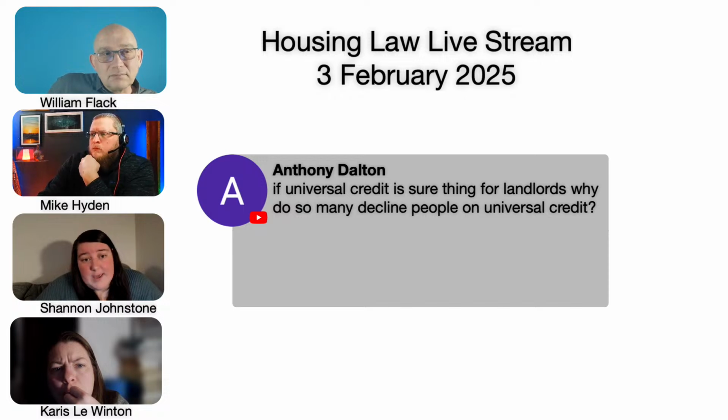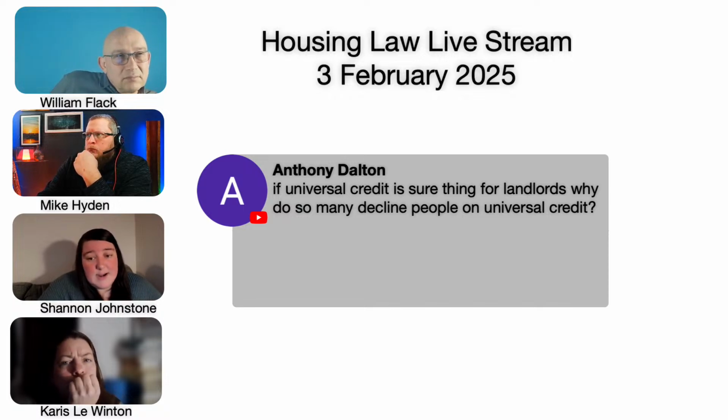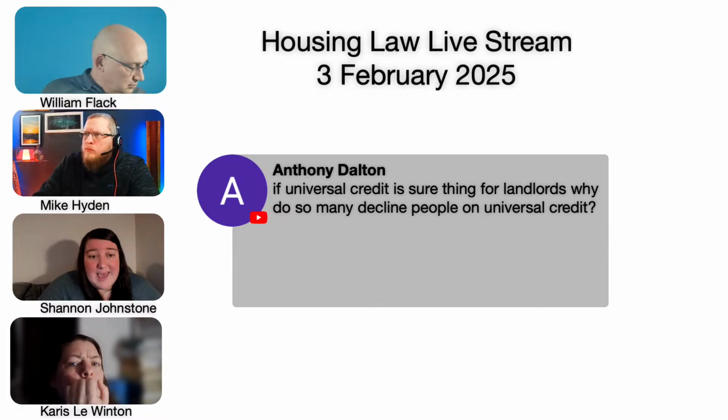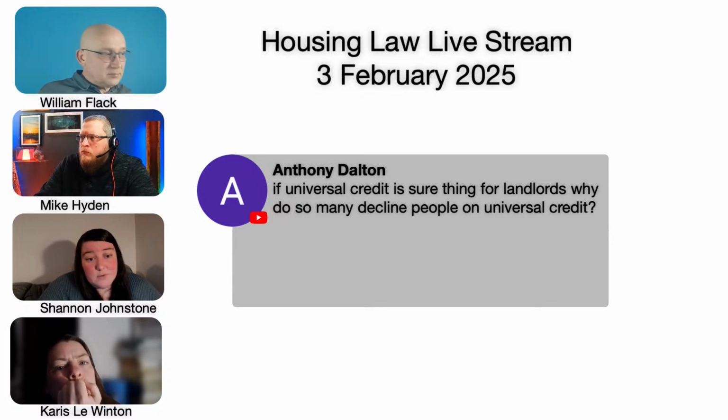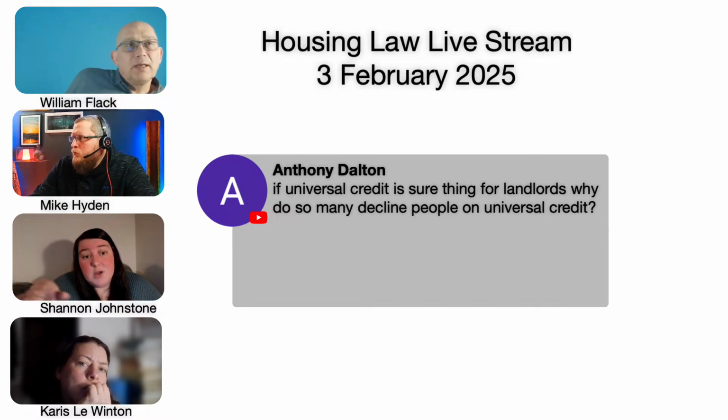But there is also a way. I've done this with clients before to get them into private rented. I've made the argument that the person can request for universal credit to pay the housing element direct to the landlord. And that really helps landlords feel more at ease because the money's going straight to them.